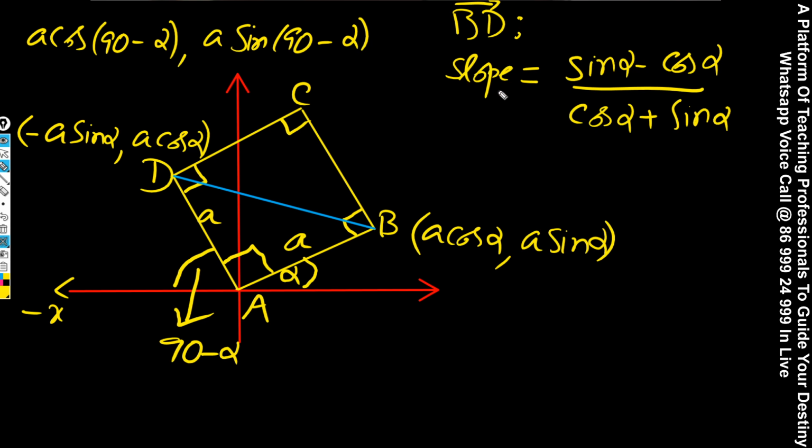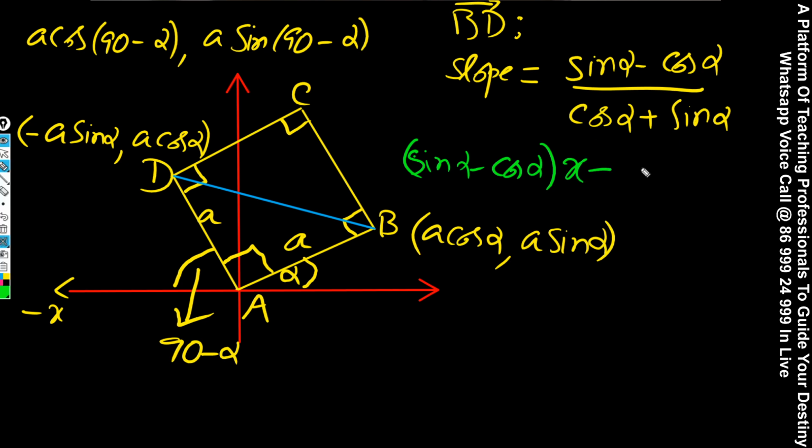Therefore, the line: multiply numerator with x, denominator with y, that is sin alpha minus cos alpha into x.